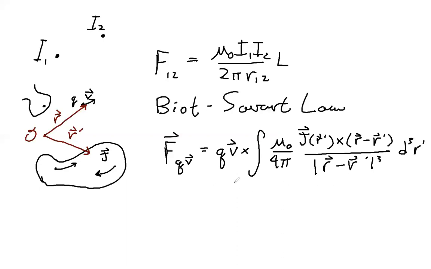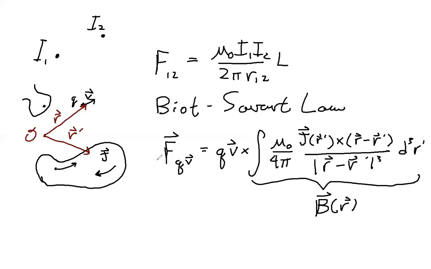Now, this thing is what we call the magnetic field at location R. Notice it depends on R, doesn't depend on R prime, that's integrated out, and it depends on the current density.